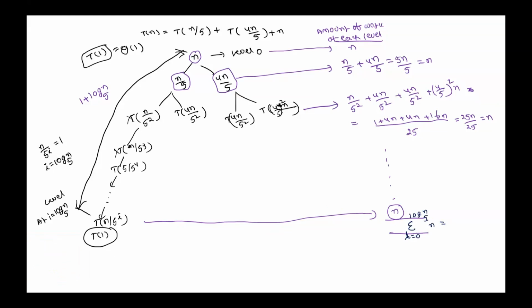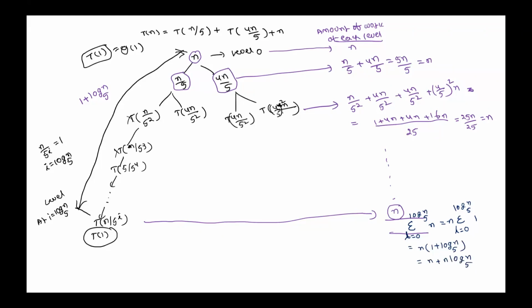Level 0 to level log n base 5, n amount of work. This can be written as n into sigma l equal to 0 to log n base 5 of 1. What is this value, brother? n into 1 plus log n base 5. Is that correct? So it is n plus n log n base 5. Up to this itself, the amount of work done is n plus n log n base 5.